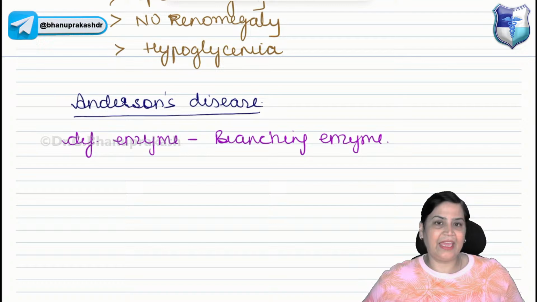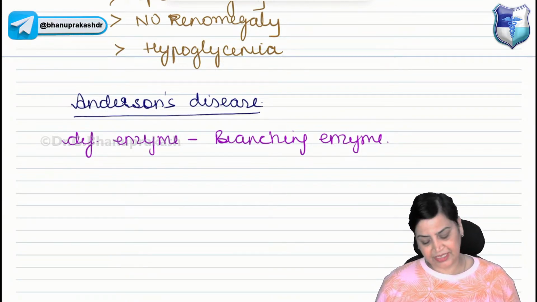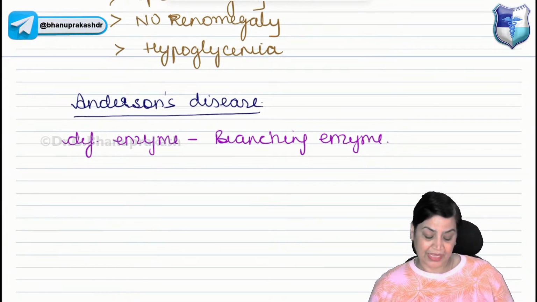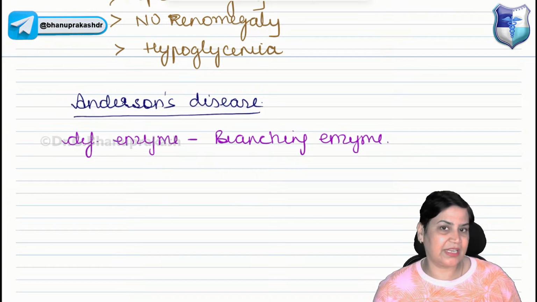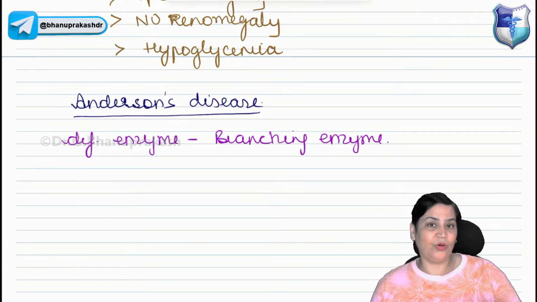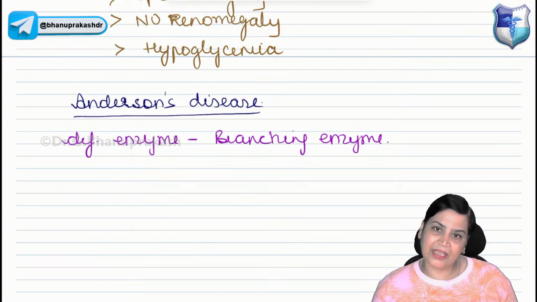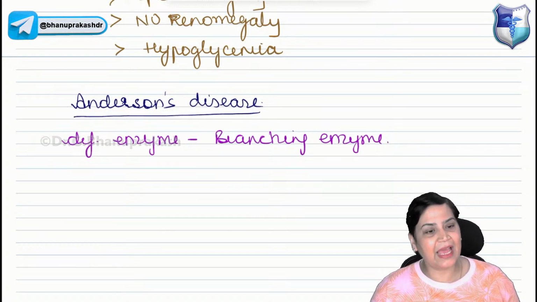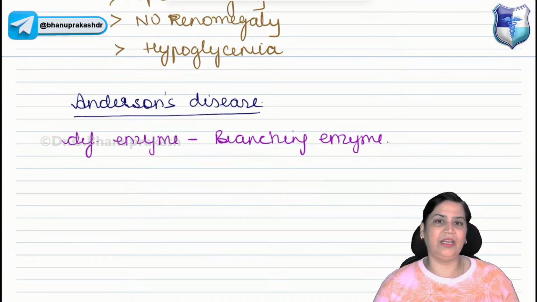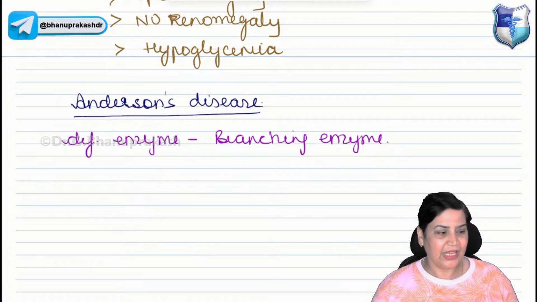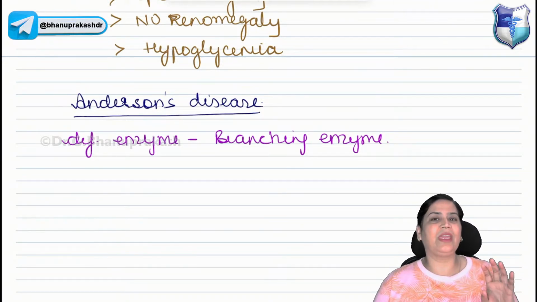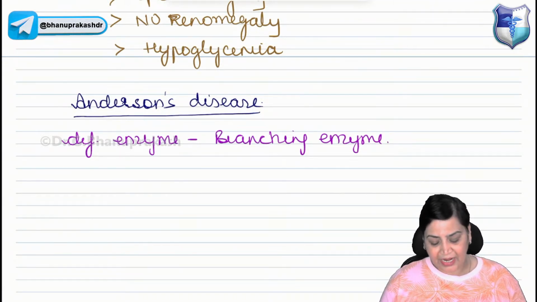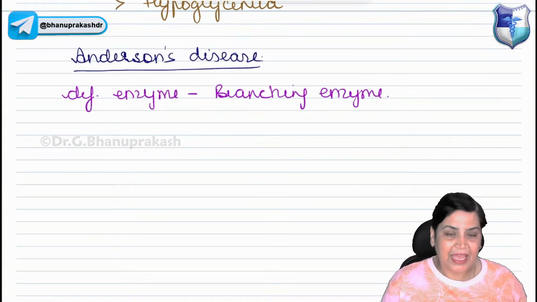So, if again I take you back to the synthesis of glycogen, here synthesis of glycogen is taking place, and in Cori's disease, breakdown of glycogen is taking place. So, obviously, if branching enzyme is absent, it cannot incorporate branches, right? So if the branches cannot be incorporated, what kind of structure will accumulate?